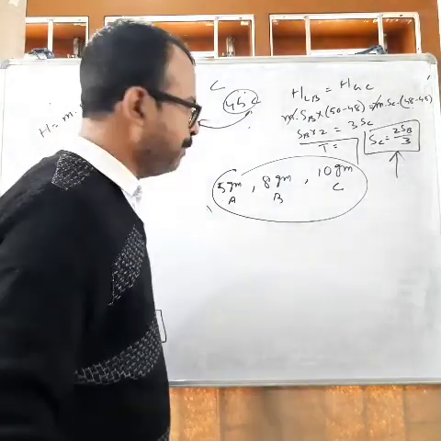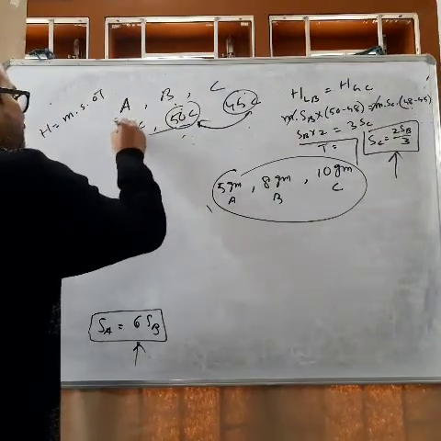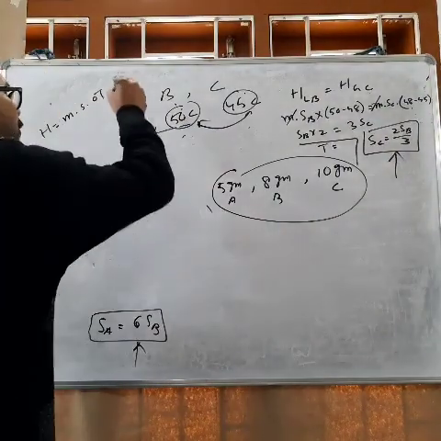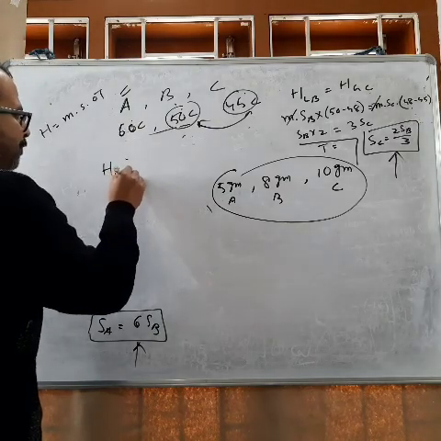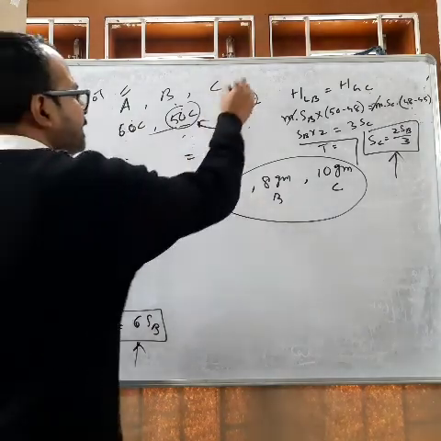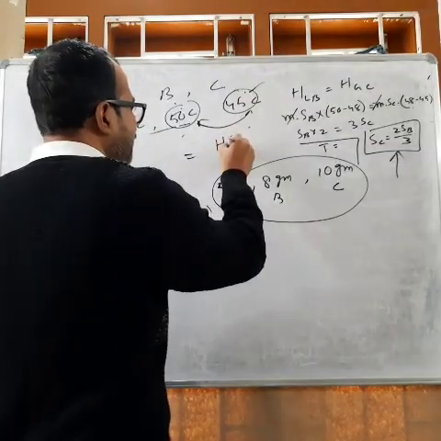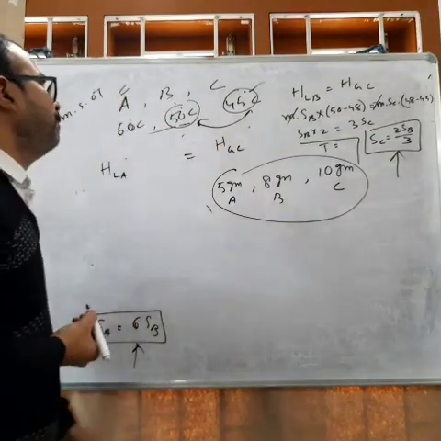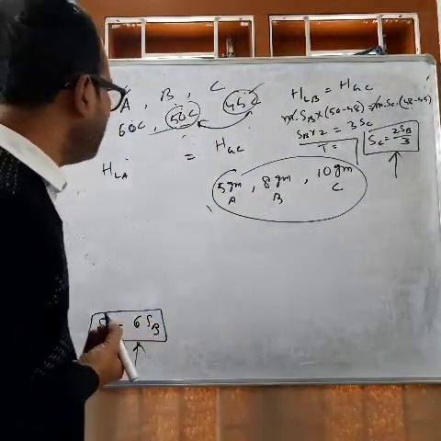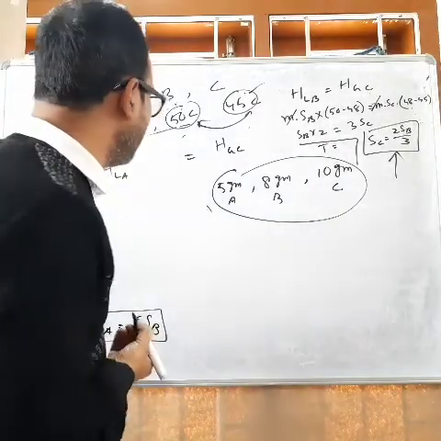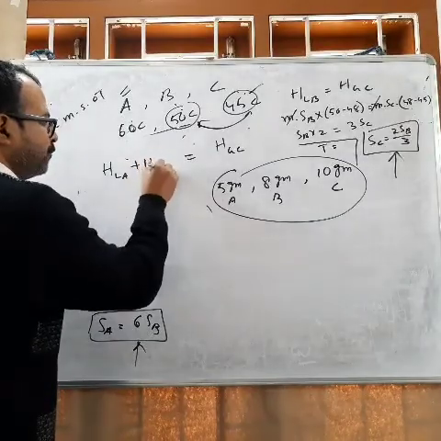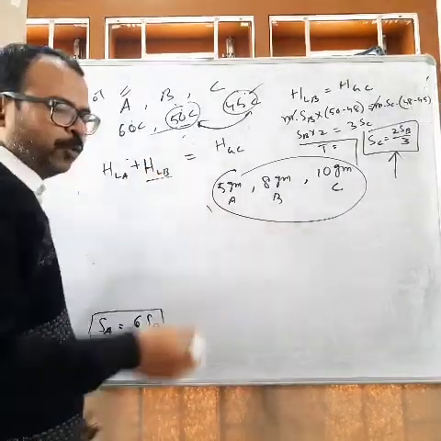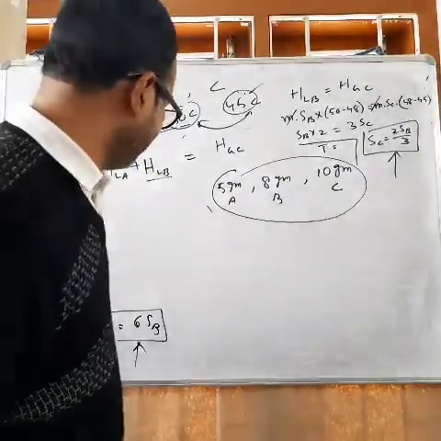These two relations are important. When you mix A, B and C, I am sure A is at higher temperature, definitely heat loss by A. And C is at lower temperature, definitely heat gain by C. But I am not sure what is happening to B. B is losing heat or gaining heat, no idea. So I am writing heat loss by B. It may be wrong, but automatically you will get the correct answer, just wait.